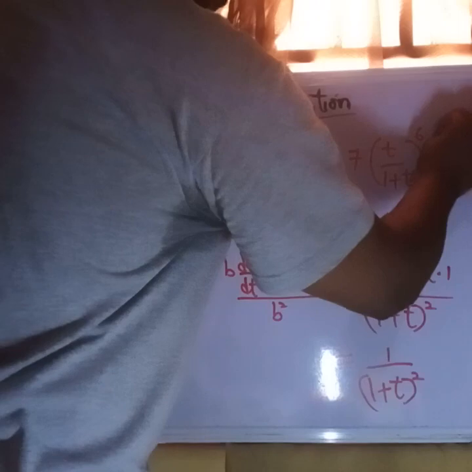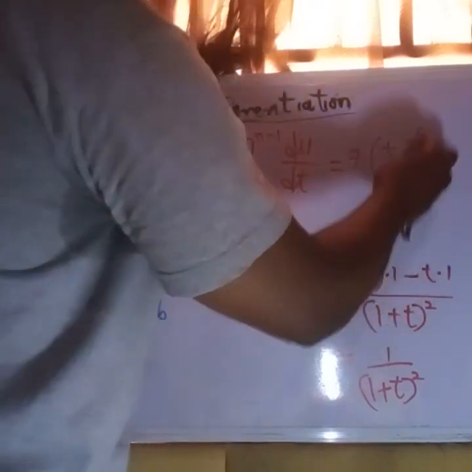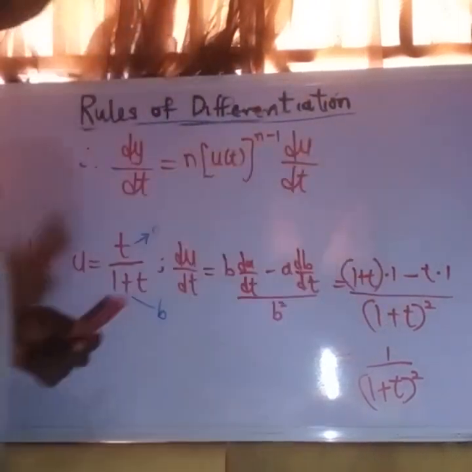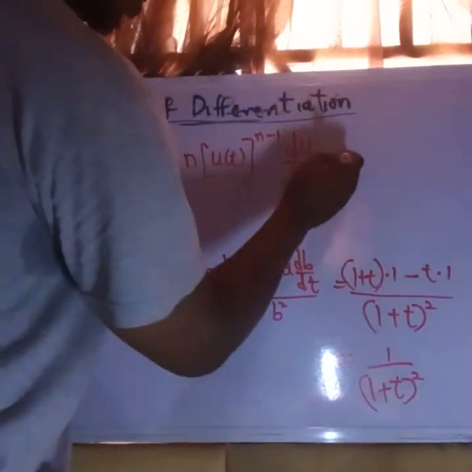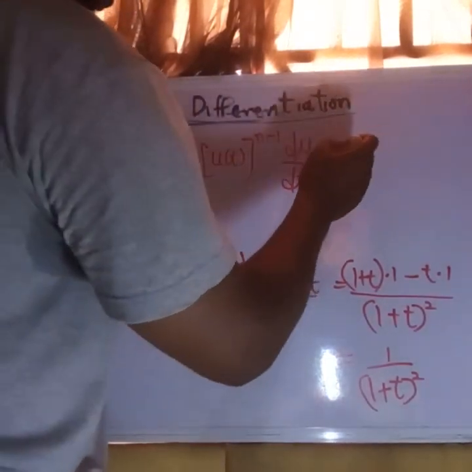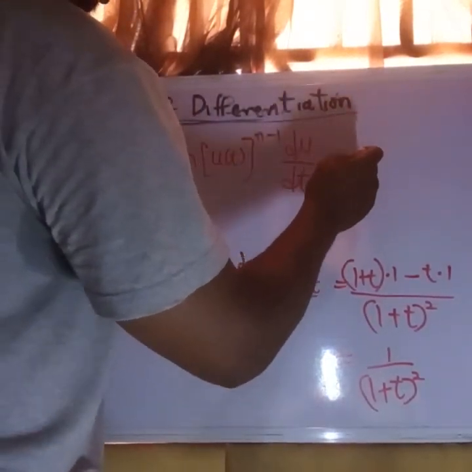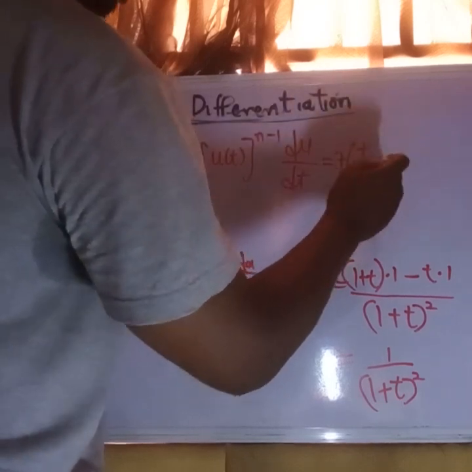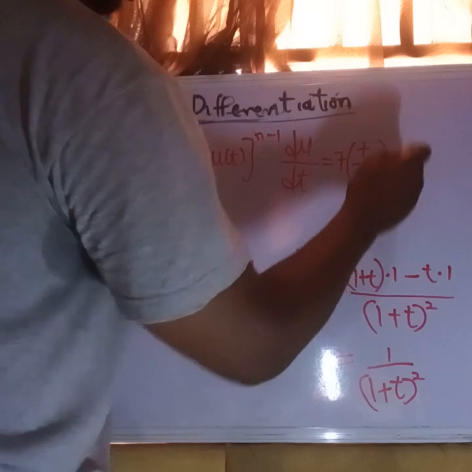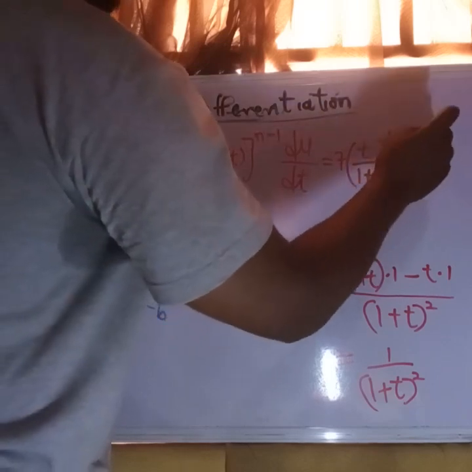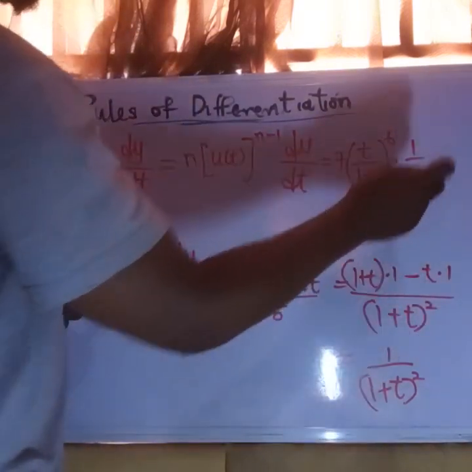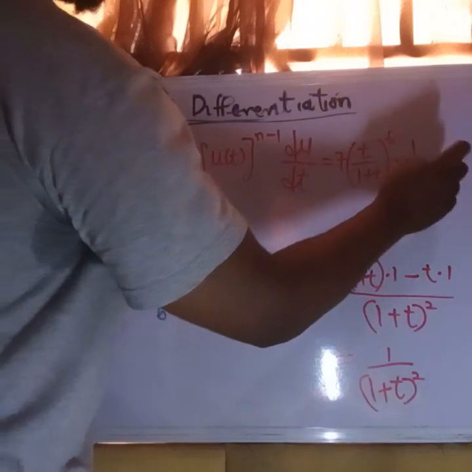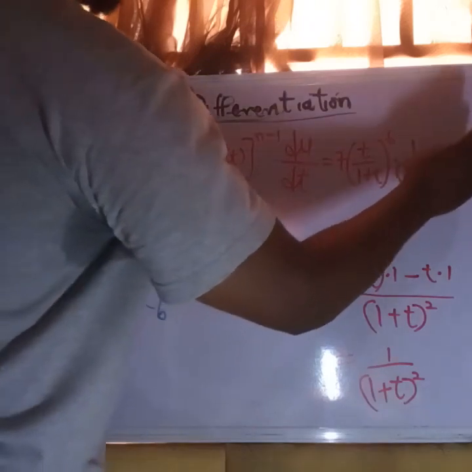So this is equal to 7 times t over 1 plus t to the power of 6, multiplied by 1 over 1 plus t squared.